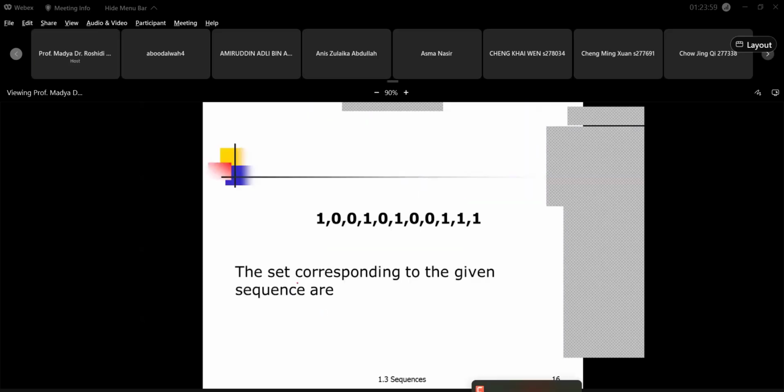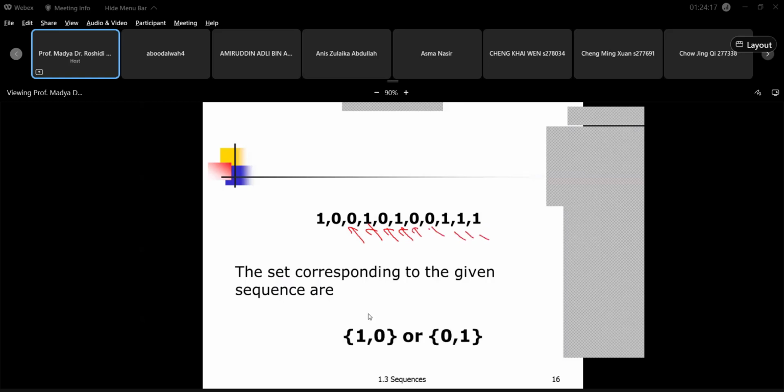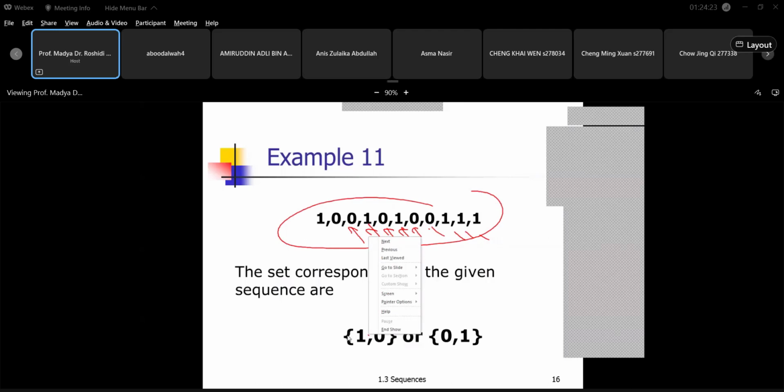Okay. Another representation. If given to you 1 0 0 1 0 1 0 0 1 1 1, here they have repeated values. In discrete, we only consider unique values, so we represent all these values through a set.